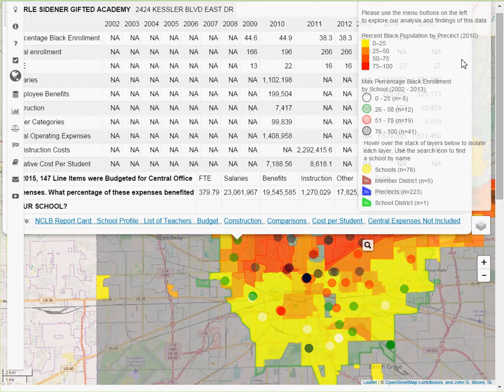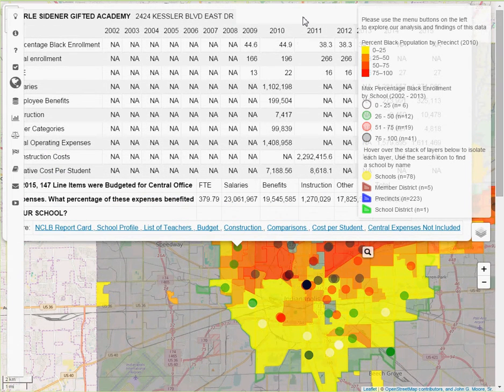Also, depending upon the computer you're using, you click down this pop-up. And the next menu icon is about the data.